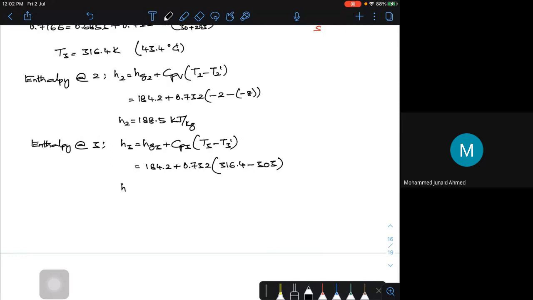So therefore H3 is equal to 209.4 kilojoules per kg.